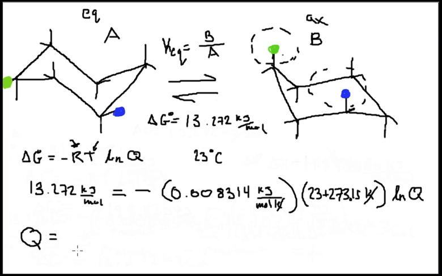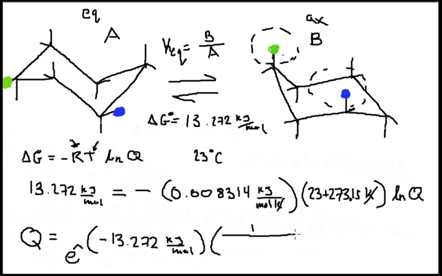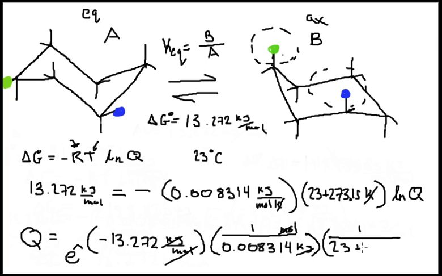Q is equal to e raised to the negative of what we had on the left side, 13.272 kilojoules per mole, divided by 0.008314 kilojoules per mole, so you see our units are going to cancel, and also divided by 23 plus 273.15 kelvins.